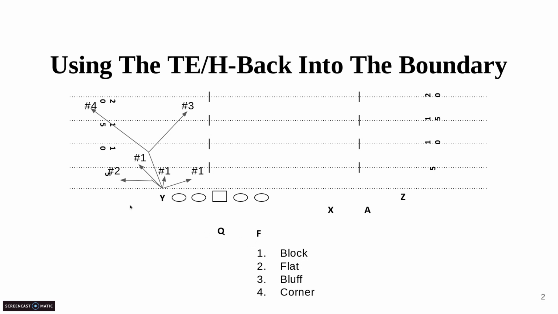And a lot of people are running this glance post from a split receiver. It's the same idea with your tight end or Y here in this look, except he's going to fake the block, arc outside, fake the block, and then get behind that boundary safety. So it's the same thing you see people doing out of the spread with a single receiver into the boundary, the glance post, a lot of people call it.